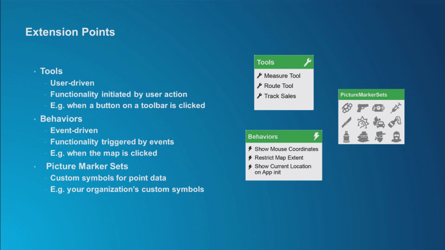And for visualization purposes, you may have your own icons and pictures that fit better with your visualization needs. So you can provide a picture marker set with all your icons. Then you can use those icons to symbolize your layer. The layer could be either a SharePoint layer or an ArcGIS layer.